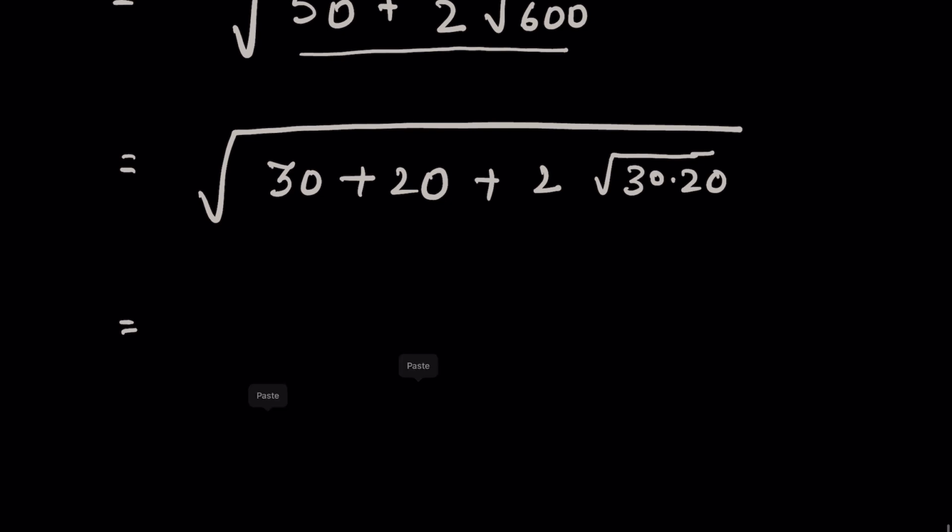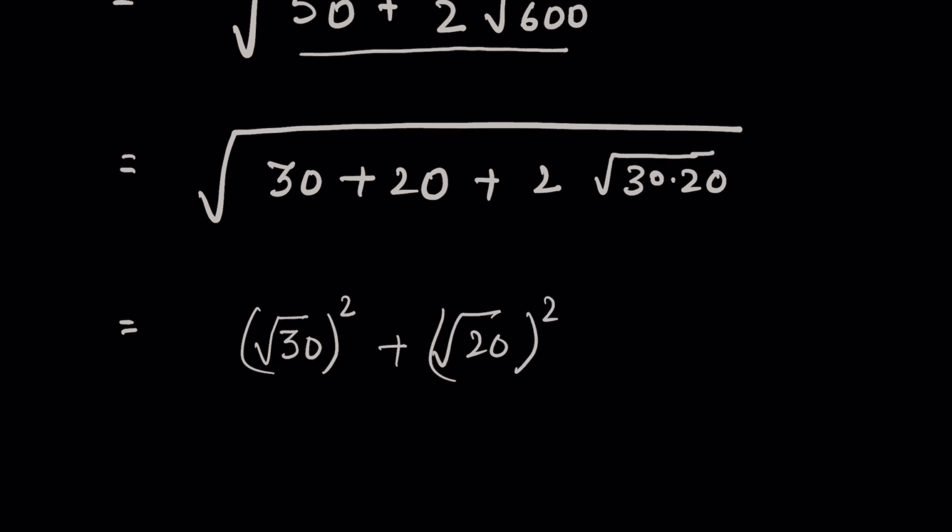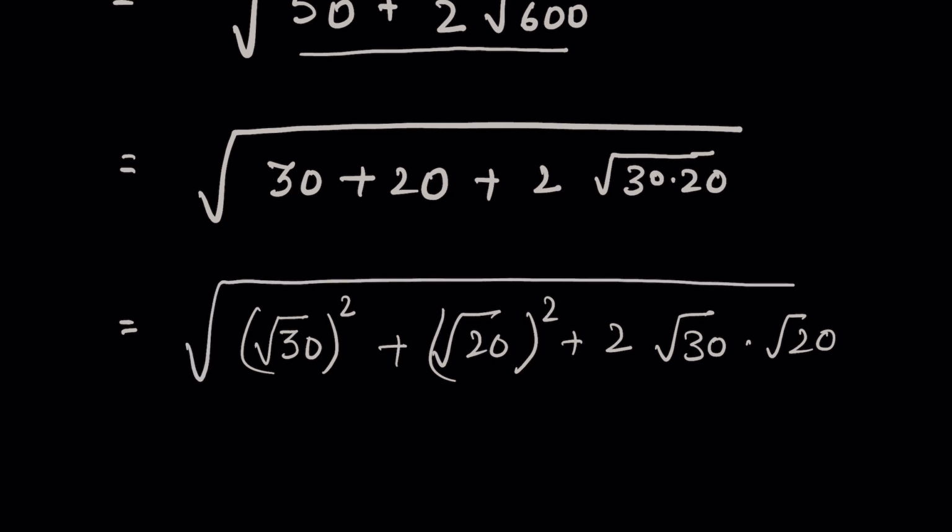30 we can write as square root of 30 square, because then the square root gets removed with the square, and it will be equal to 30 plus square root of 20 square plus 2 times square root of 30 times square root of 20 under the square root.